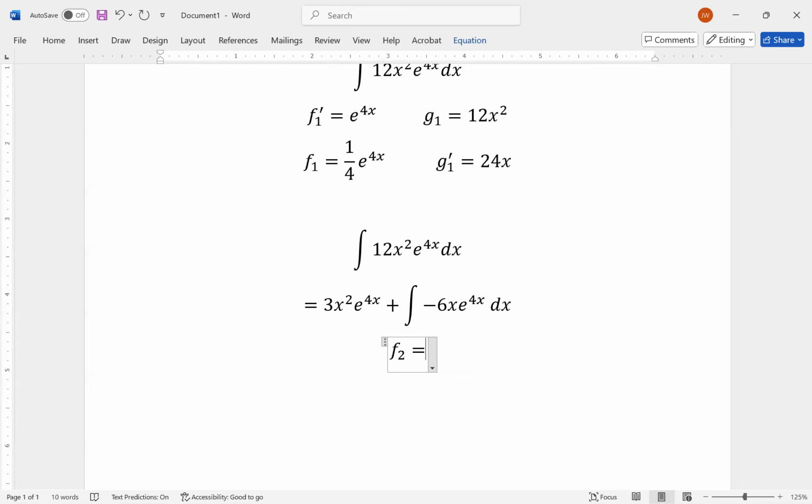Just like before, the f prime piece is going to be the exponential. Once again, that's going to be e to the 4x. The g piece is going to be negative 6x.